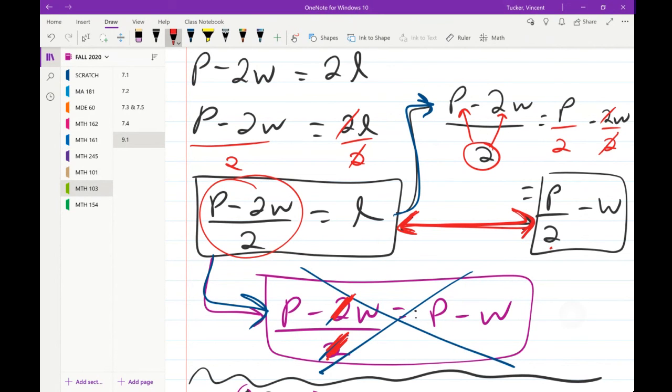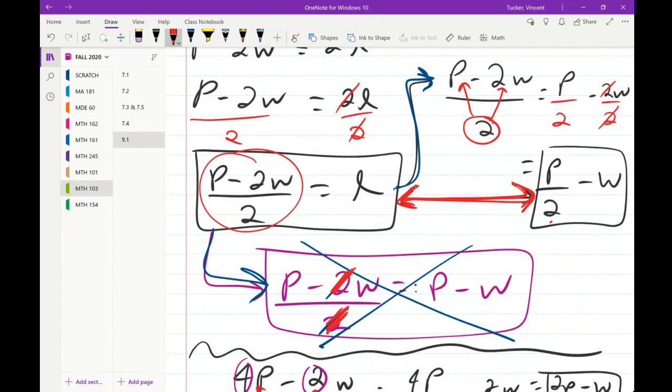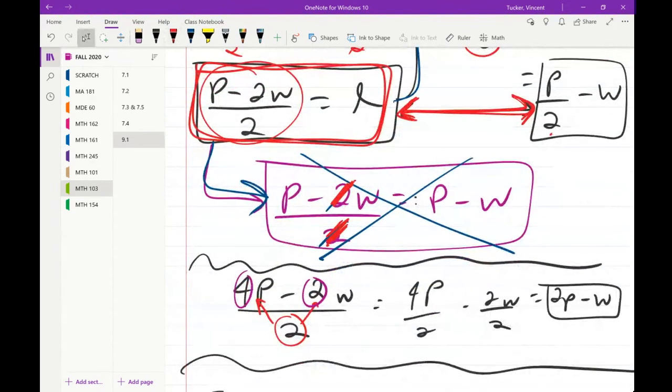All right. Because the 2 couldn't cancel out into the P, this answer is fine. When you would have to reduce is if you had this type of expression: 4P minus 2W over 2.